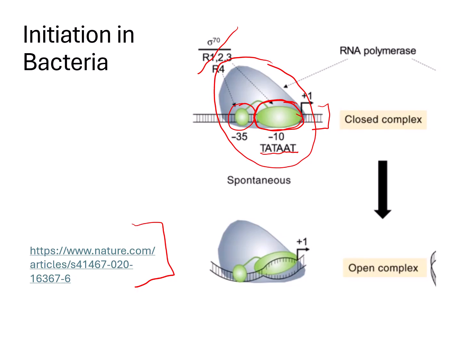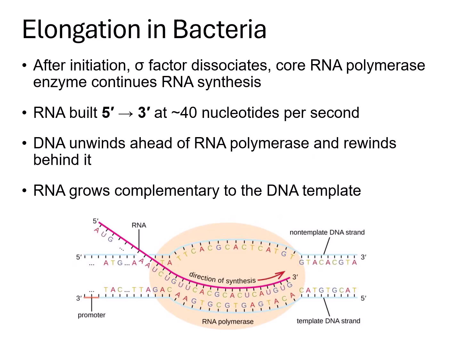RNA polymerase, guided by sigma, will eventually unwind or melt that region, breaking those hydrogen bonds and forming the transcription bubble. Now we're ready to begin elongation of RNA. After initiation, the sigma factor will dissociate, and the core RNA polymerase enzyme will continue elongation, synthesizing RNA in the 5' to 3' direction.